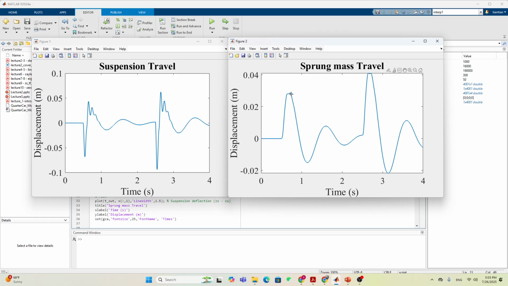So that means the sprung mass travel, if it is smooth enough, has much less disturbance. In that sense, you might need a controller that can react to this disturbance and cancel the disturbance very well. Then you will have very good passenger comfort.